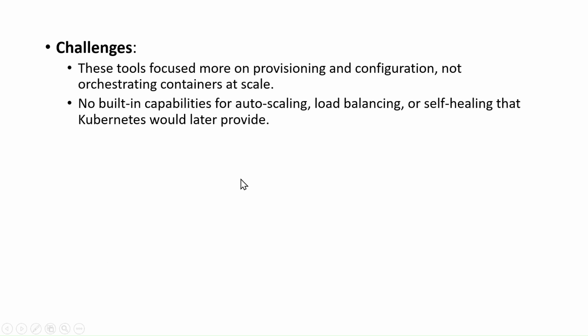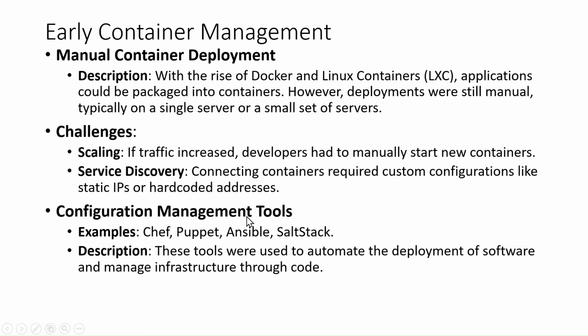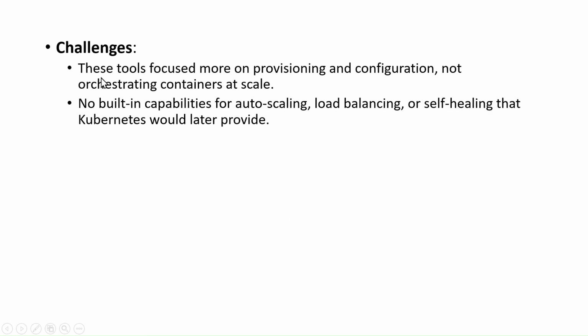Even so, with manual containers, they used to face problems. That is, these tools focus more on provisioning and configuration, not orchestrating containers at scale. So whatever configuration management tool they were using, they are more focused on provisioning and configuring the infrastructure, but not the containers at scale.